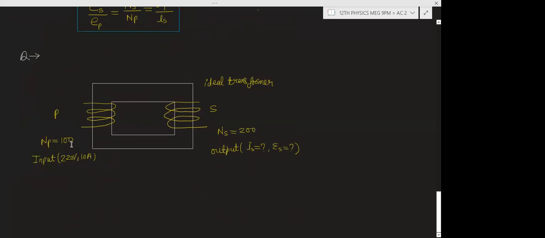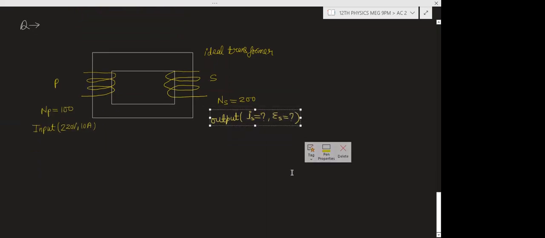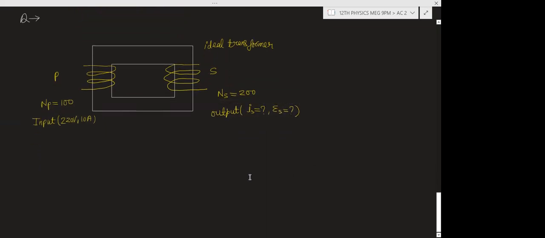So here, this is the ideal transformer. Primary coil is this, secondary coil is this. This data is given. This data you have to find. Now, Hamza, Fawaz and Nida, try to solve this question and tell me the answer. This is a very easy question.